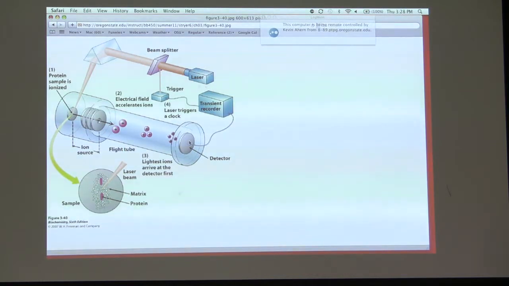If everything in that chamber has one charge, that is a +1 charge, and I have some materials in here that have a molecular weight of, let's say, 2,000, and I have other ones of 4,000, they have the same charge, they have the same force pulling them towards the other end, all right? But due to inertia, the one that has the mass of 4,000 is going to take twice as long as the one that has the mass of 2,000.